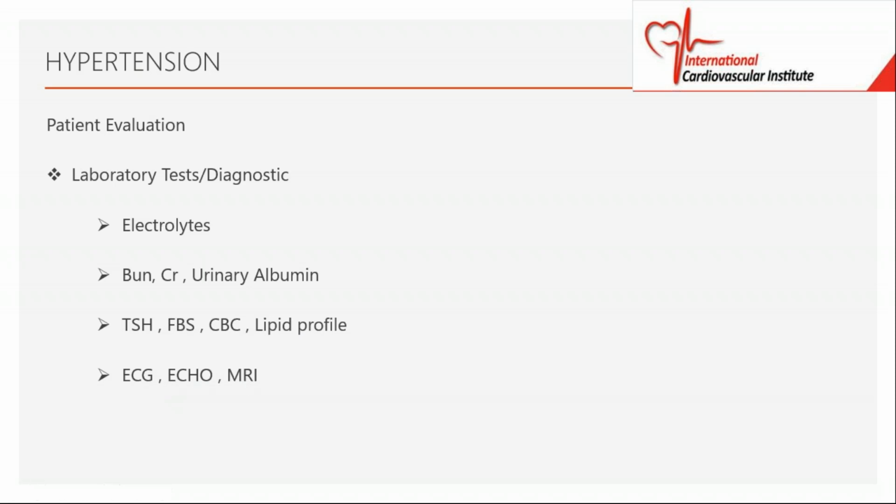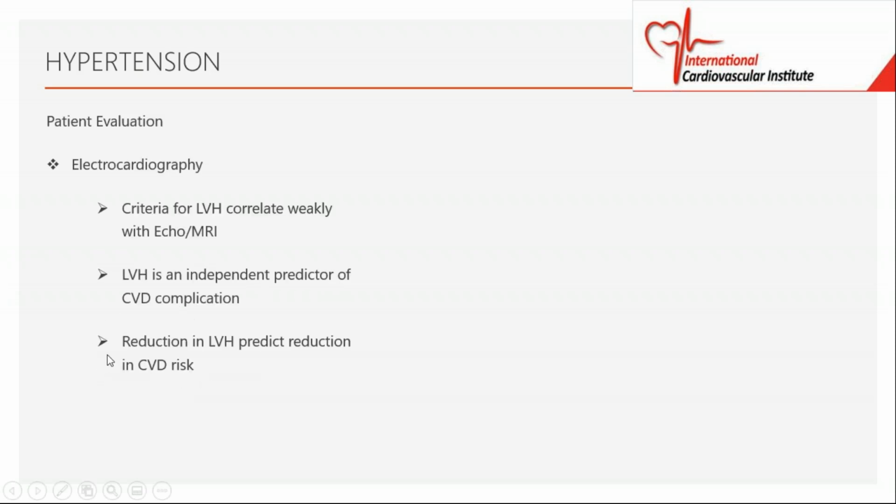If you suspect primary aldosteronism, remember you may get a low potassium. You need to do the aldosterone to renin activity ratio, so basic tests and look at the tests.